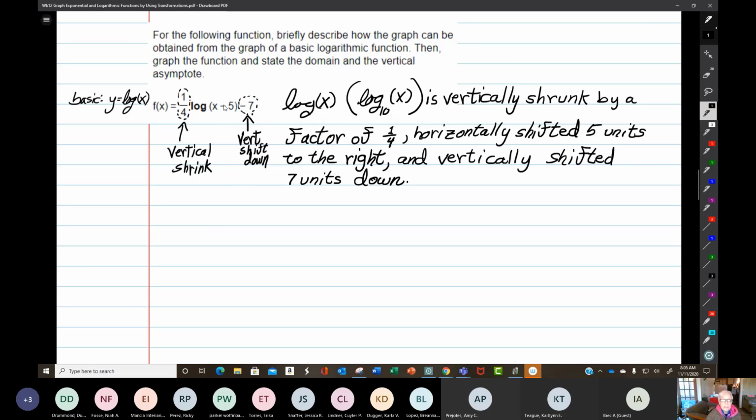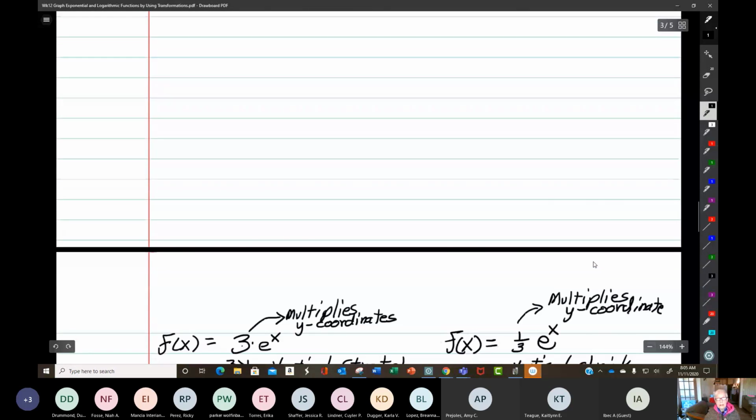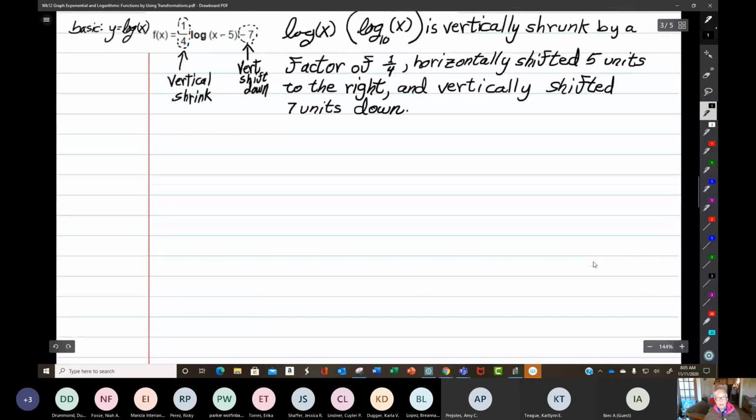But it's just the opposite in here. In here, this is a horizontal shift 5 units to the right. So this is all reading the math code.